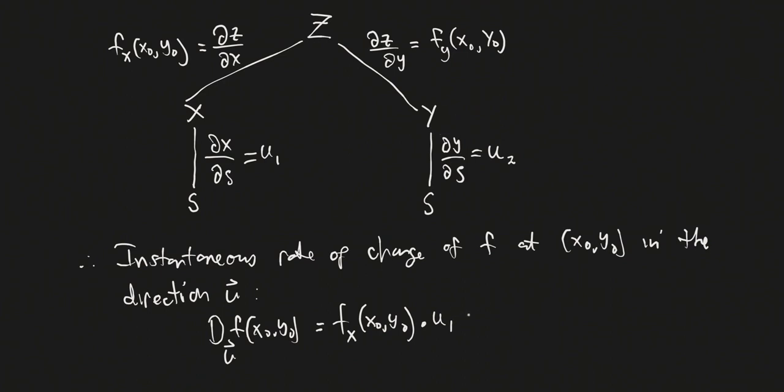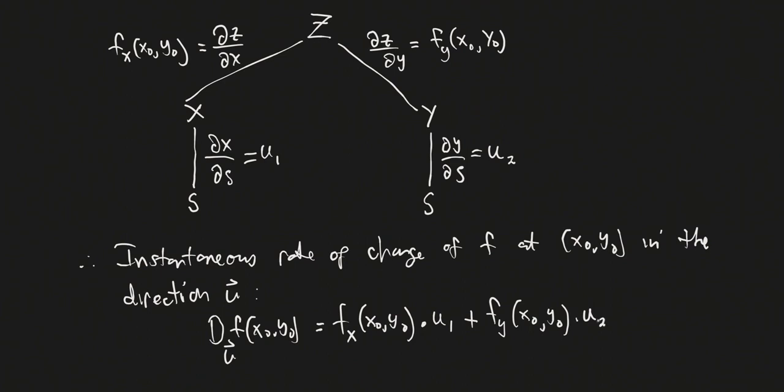So then I have to add that alternative path, which again, I take the product of this rate of change and this rate of change, and I end up with this alternative formula for computing the directional derivative of my function at this point in this direction.